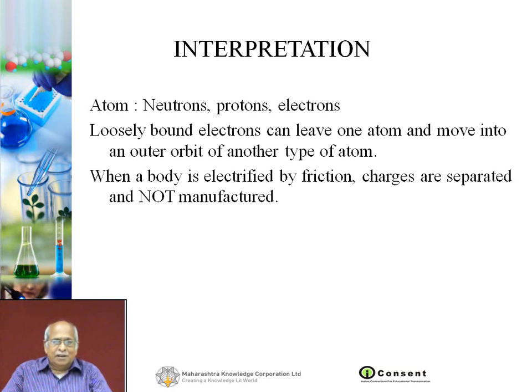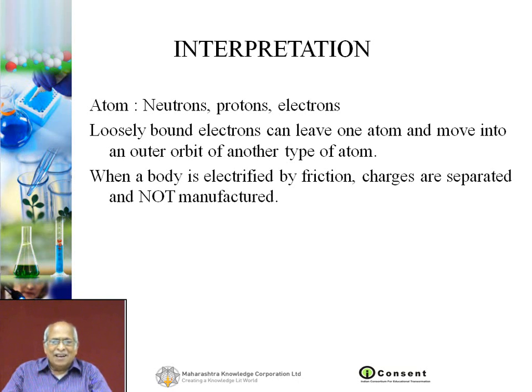And what is the constitution of atom? Again, all of you have studied that atom consists of nucleus and electrons moving around the nucleus. The nucleus contains protons and neutrons.